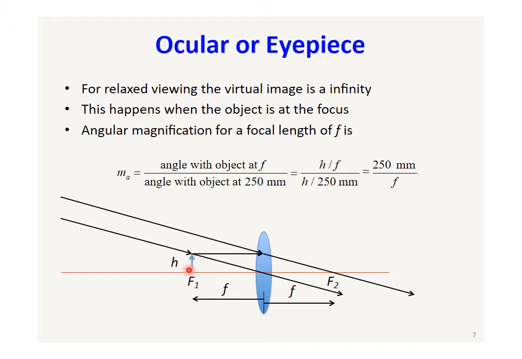And the eyepiece is providing a virtual image for us of this intermediate image. The virtual image is often out at infinity, or sometimes it's at the near point, 250 millimeters away from the eye. And as before, the angular magnification is given by the ratio of the near point, 250 millimeters, and the focal length.